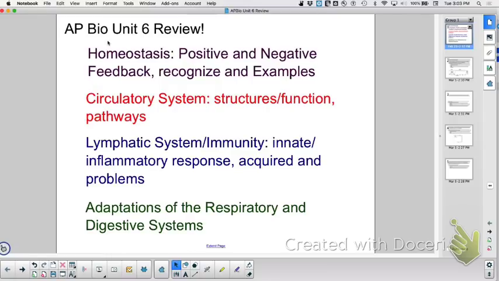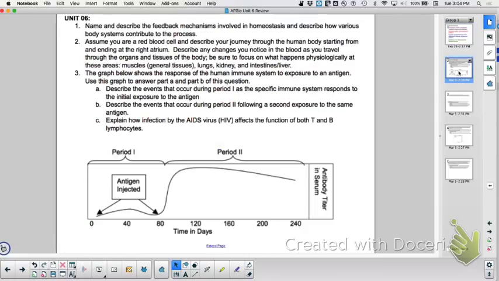What else? When you look at the potential essay questions I gave you, I said name and describe feedback mechanisms involved in homeostasis and describe how various body systems can contribute to the process. Did we talk about that? Okay. Assume you are a red blood cell and describe your journey through the human body starting from and ending at the right atrium.